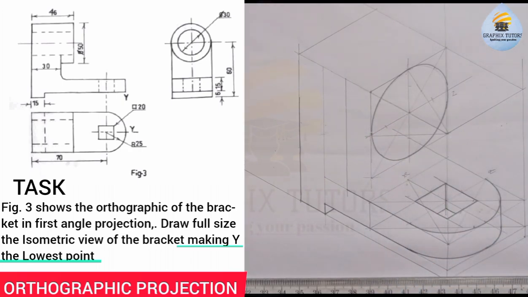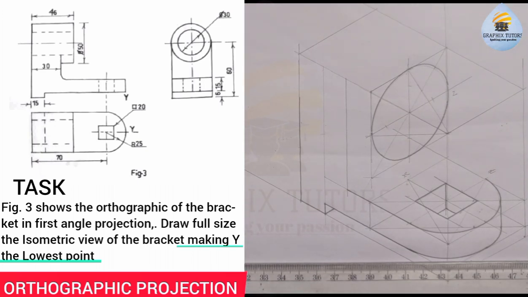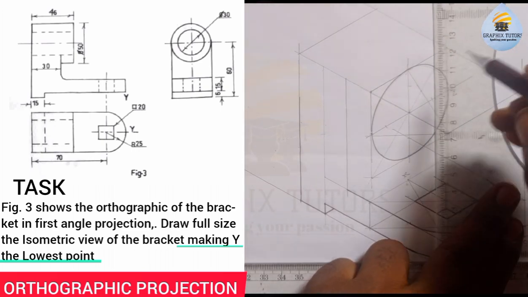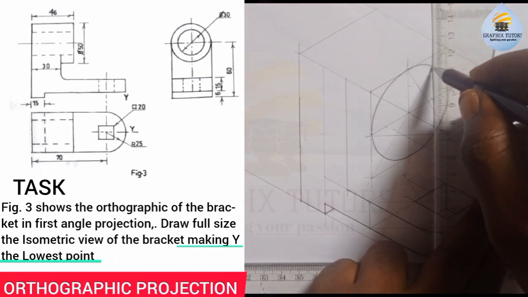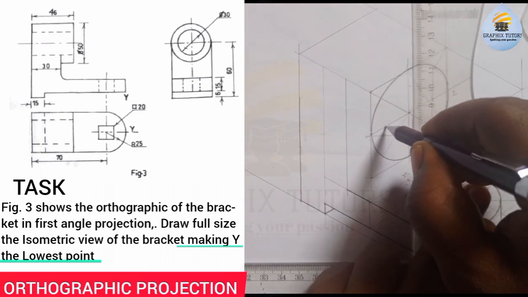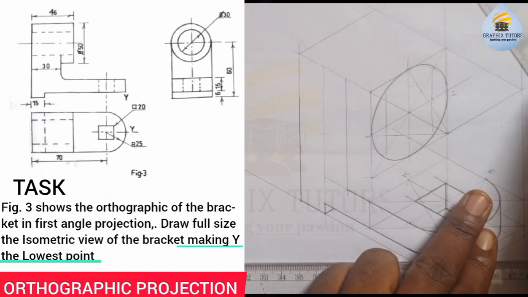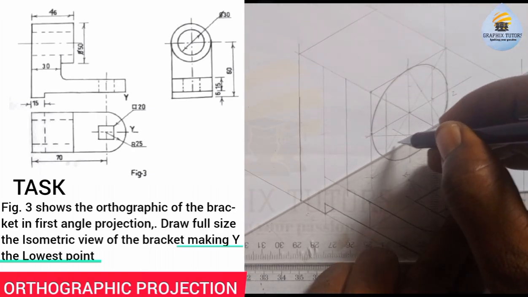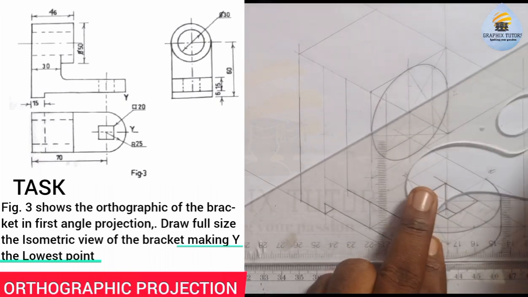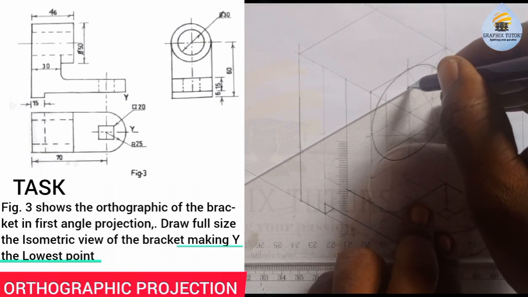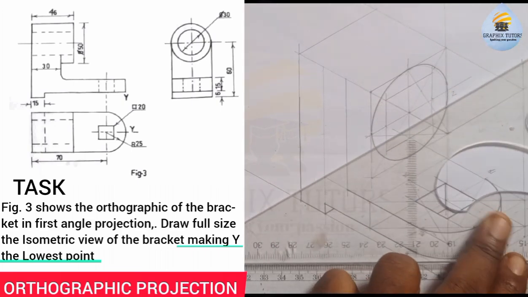And I'll repeat the same thing I did when I was drawing the bigger circle by taking my instrument here and bringing out the box from here, the box from here, the box from here, and from here also the box.